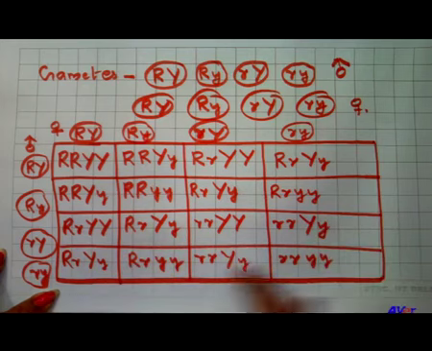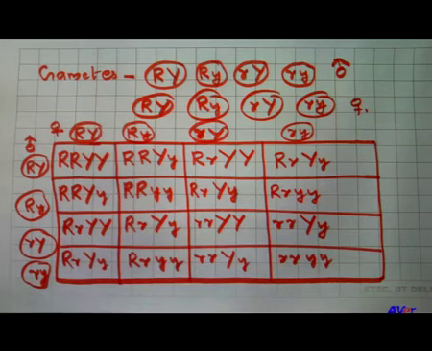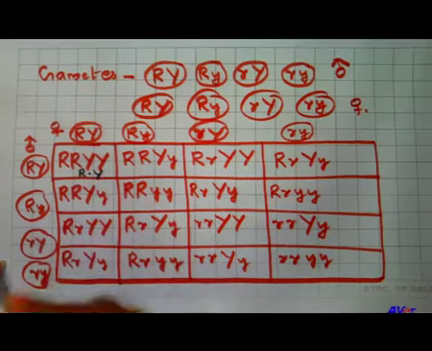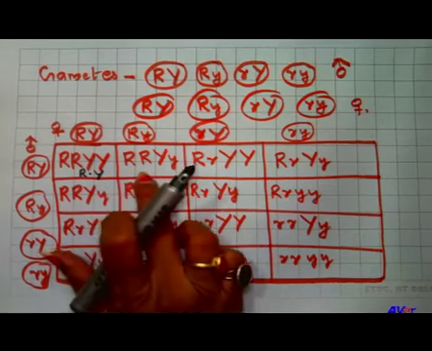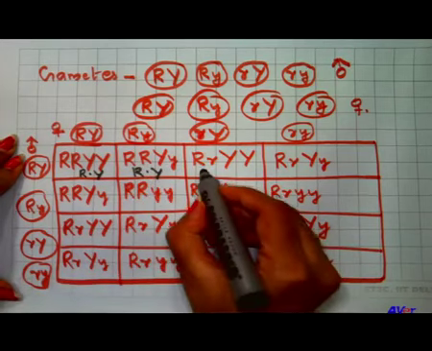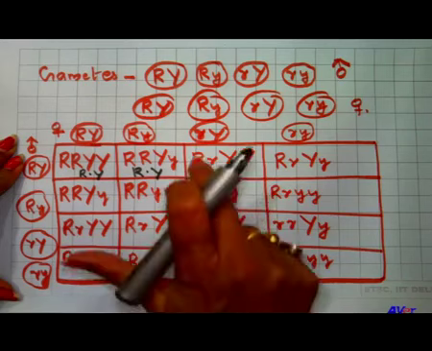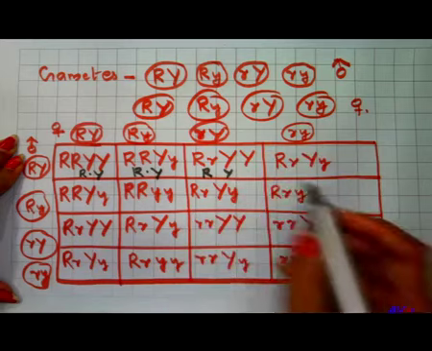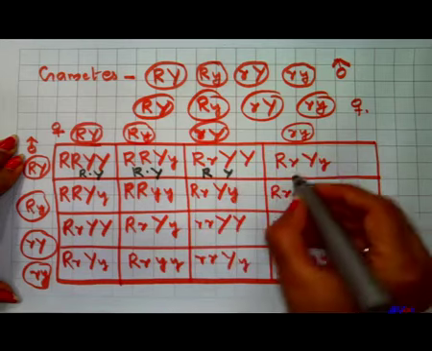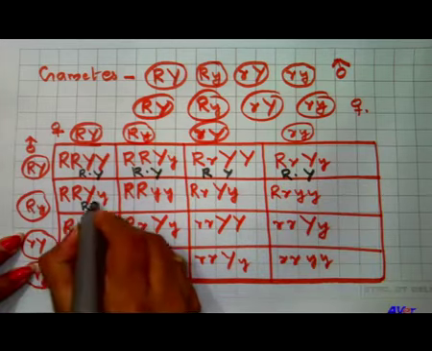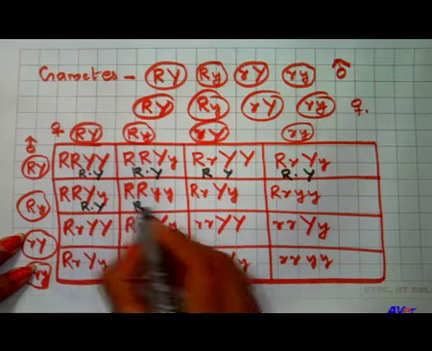And see how many different phenotypes are available here. First one, this is round and yellow. See what is the phenotype of this individual? It is again round yellow. This will also be round yellow because R is dominant over small r and capital Y for yellow. This is round yellow. This one also round yellow. This is round and green.